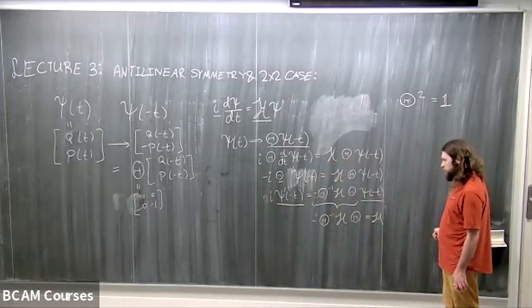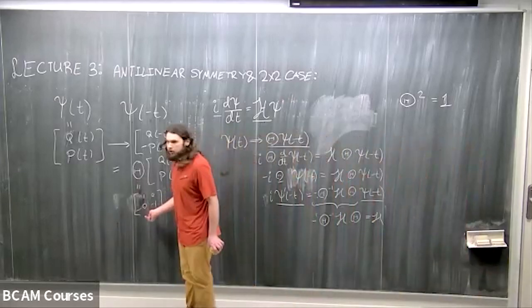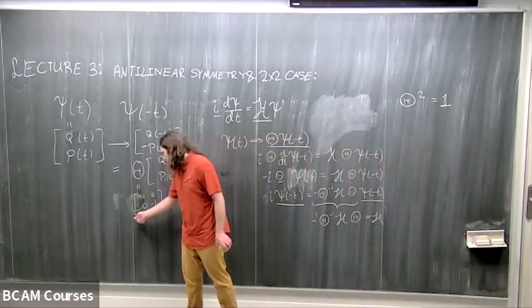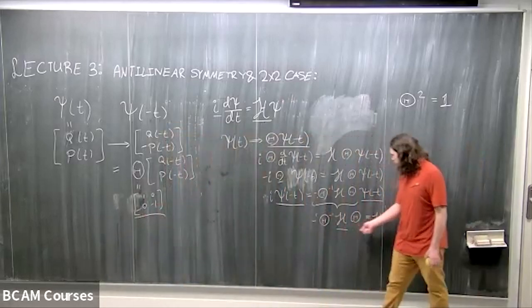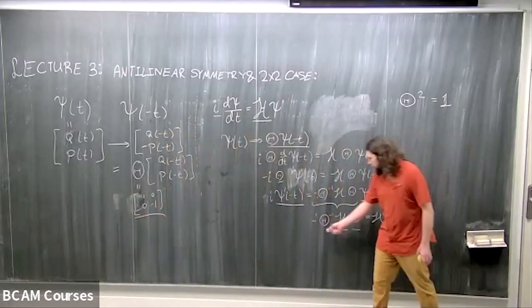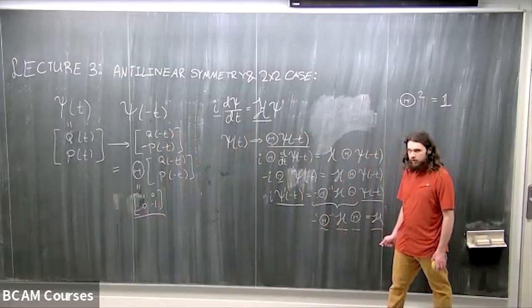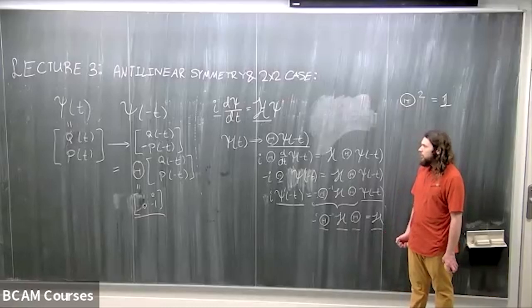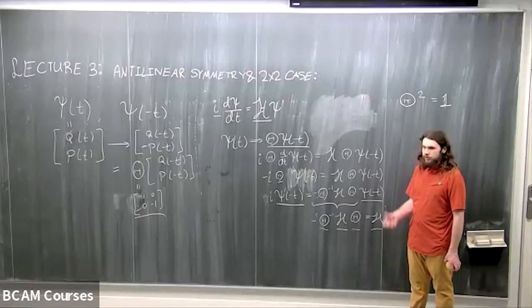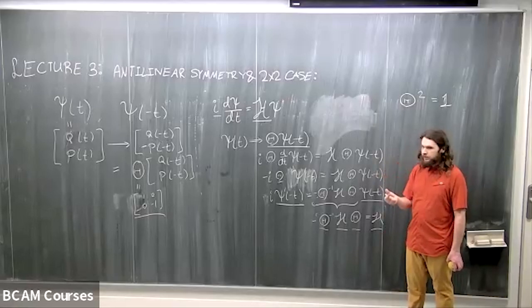Now, the potential issue that comes to mind is, let's say that we assume that theta is a linear map as it was over here. What that would mean is that our Hamiltonian is similar to negative itself. And so that naively presents an issue, because for most Hamiltonians, their spectrum is not symmetric in this sense.